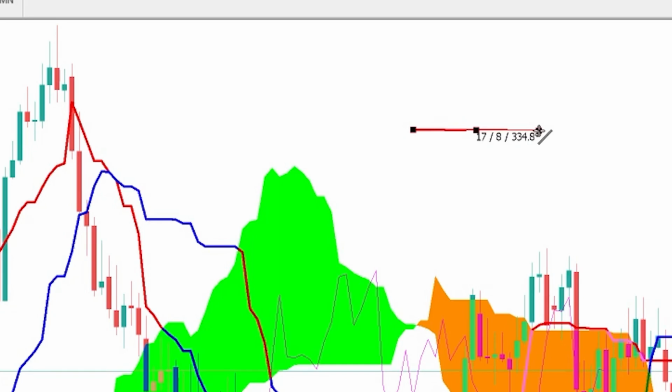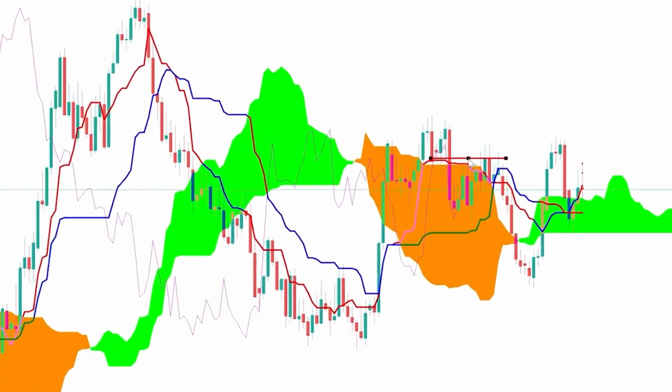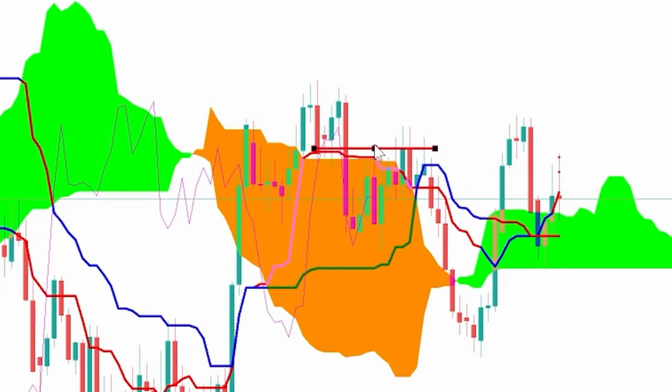The number after is the degree, which doesn't matter much, but I'll try to keep it on 0. This line we've drawn here is exactly 17 candles. From this peak to this peak, this is the Kijun-sen peak and this is the Tenkan-sen peak. It is 17 candles. And right after that, we see that there was a decline, a trend reversal. This uptrend had a trend reversal here.